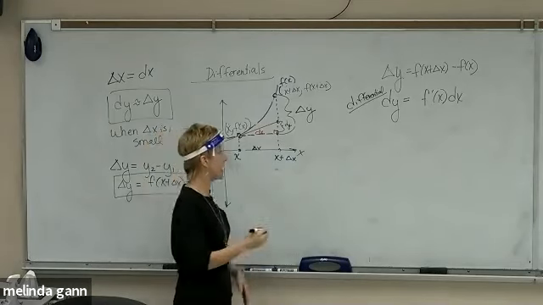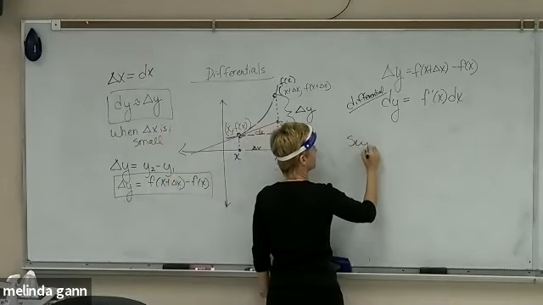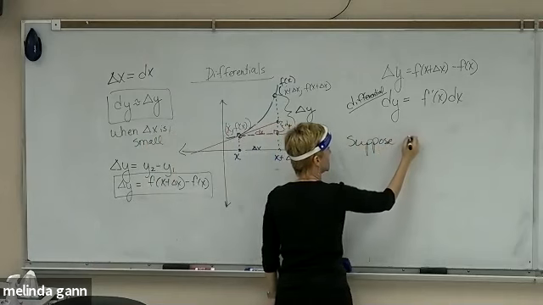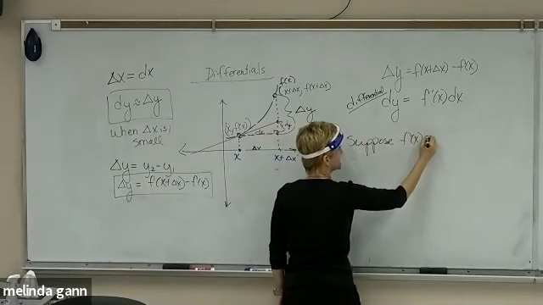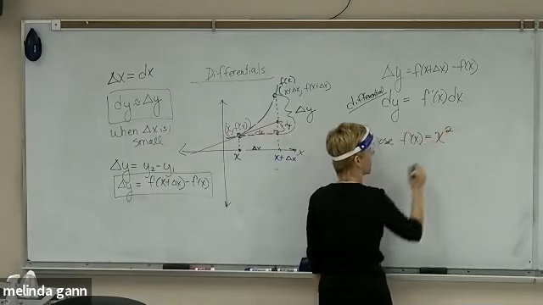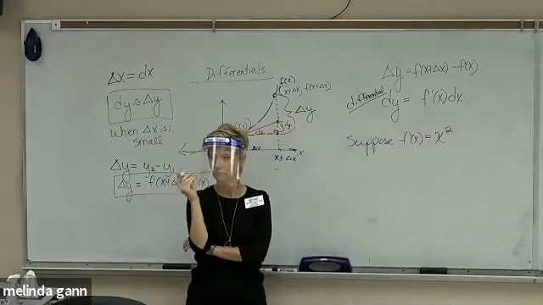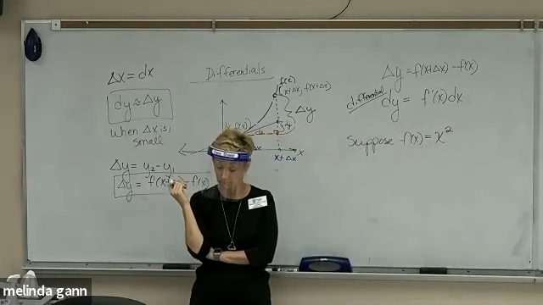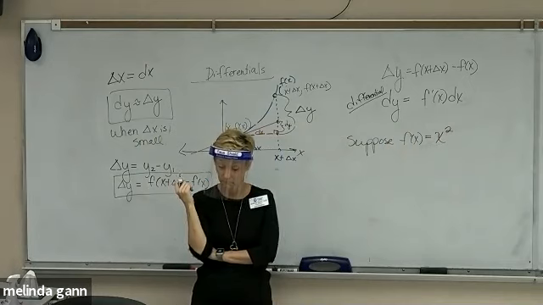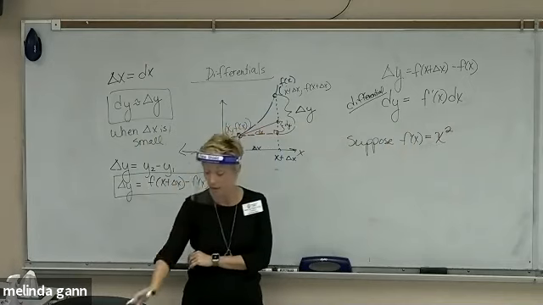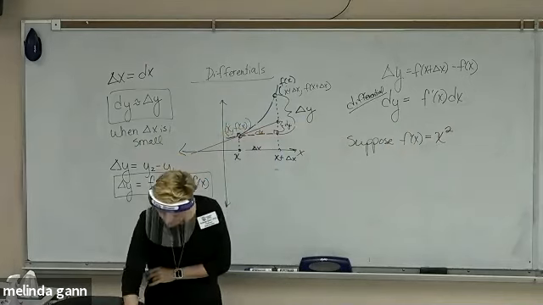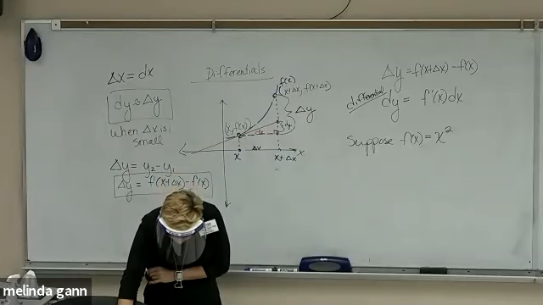Now, notice what happens. Suppose f of x is something simple like y equals x squared, that parabola. All right. So suppose I tell you something like this. Let's see how they're going to word it on yours.